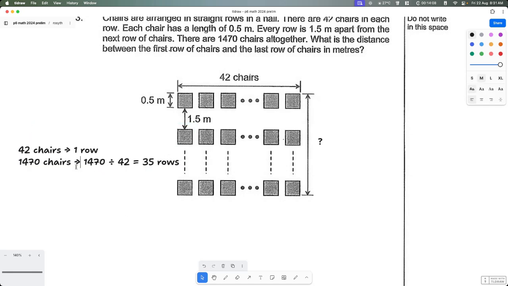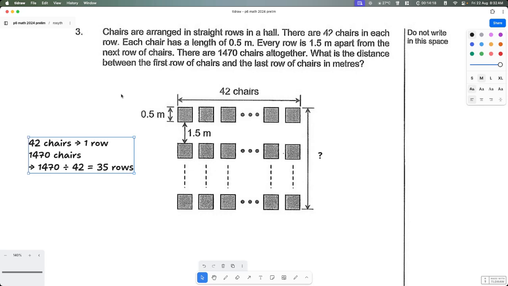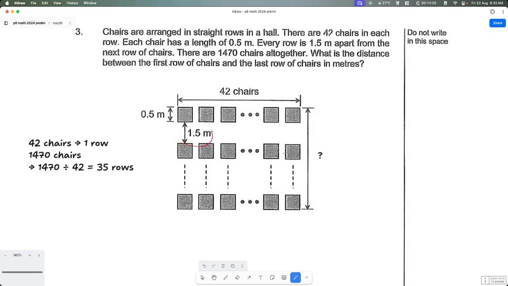Now we know that, the next thing is we want the distance from the first row of chairs to the last row of chairs in meters. There are 35 rows, so that means 0.5 meters, and then we have 1.5. One thing to take note of is the gap in between.